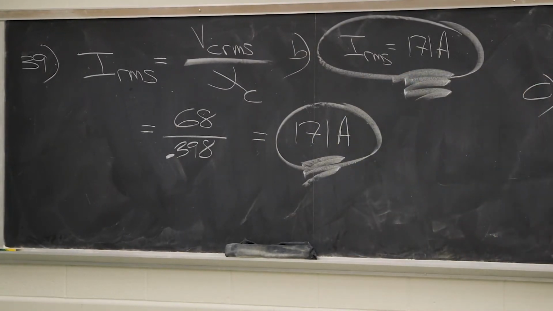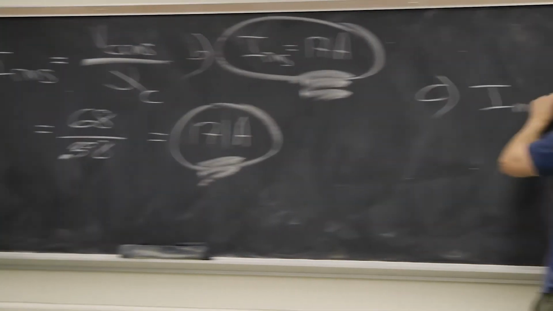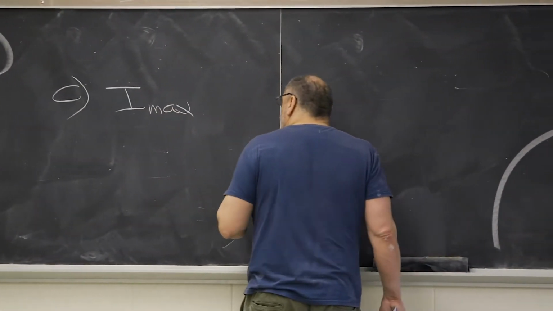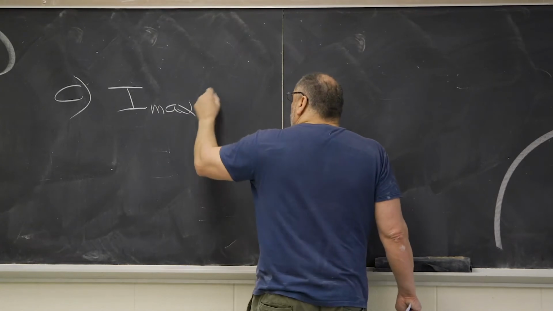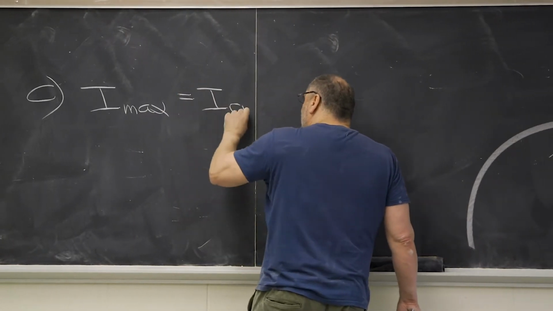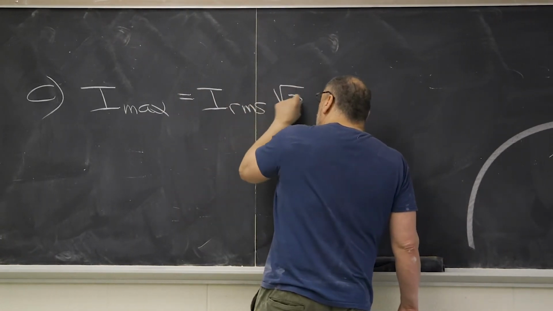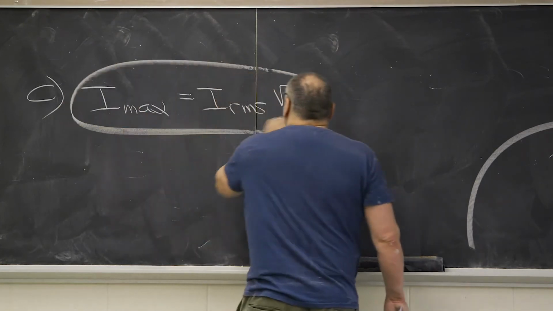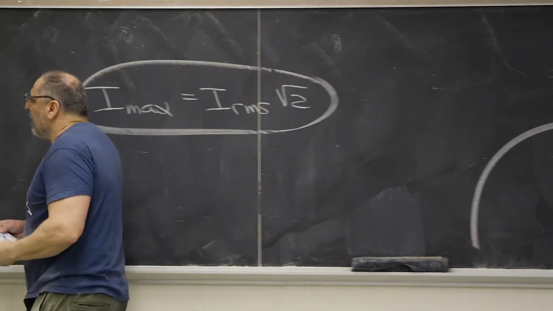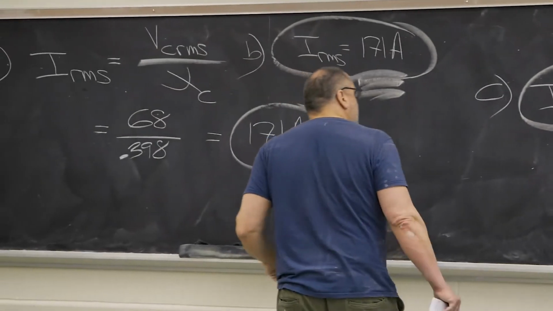C, what's I max? I max is a pretty easy move to make, guys. I max equals I RMS times the square root of 2. Why is that so? Well, it's so for a lot of reasons.